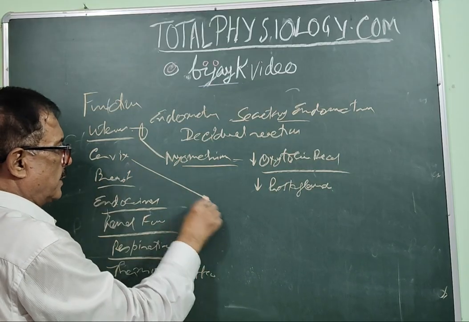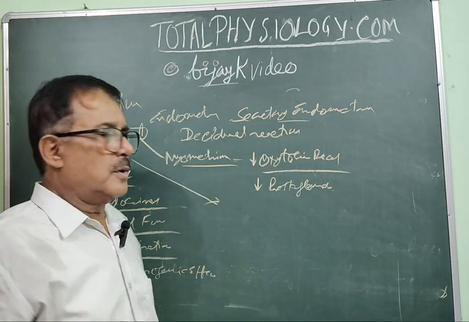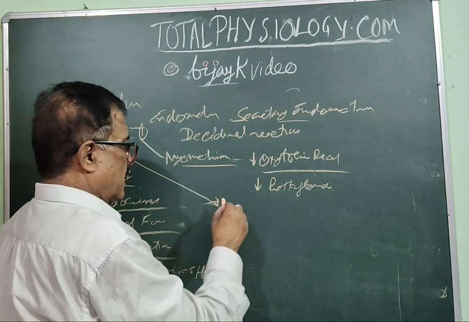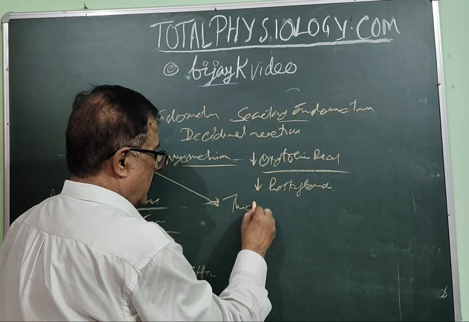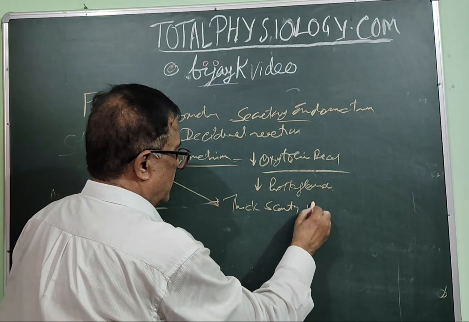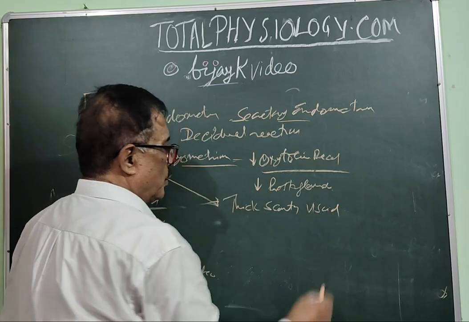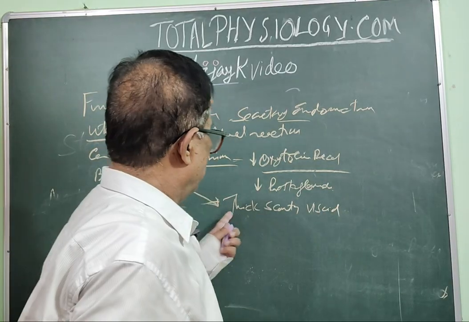Coming to the cervix, it causes formation of cervical mucus, which is thick, scanty, and viscid, to prevent penetration of sperm.